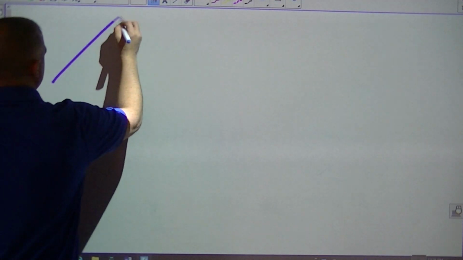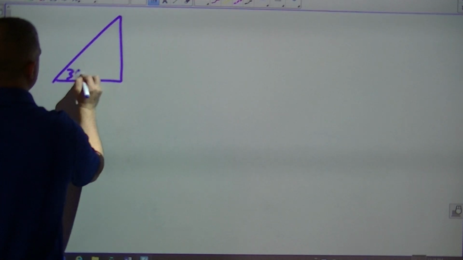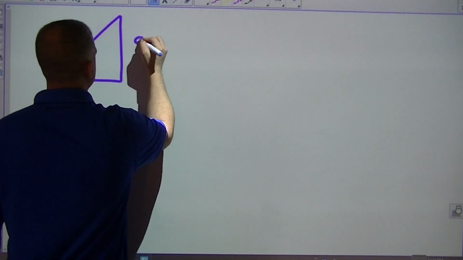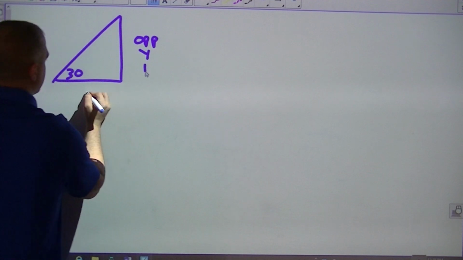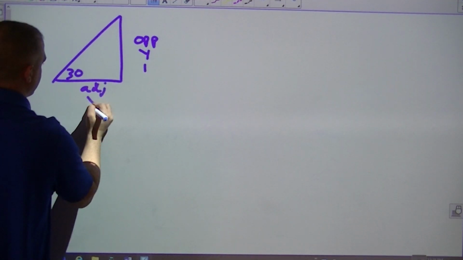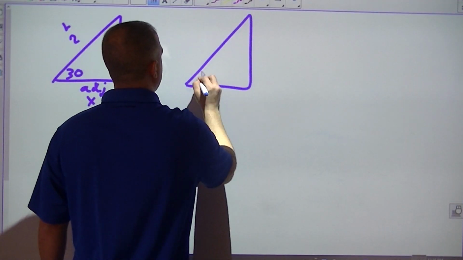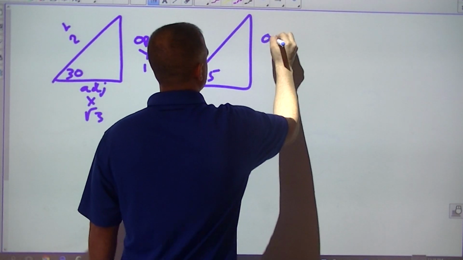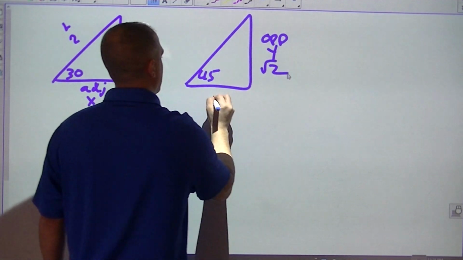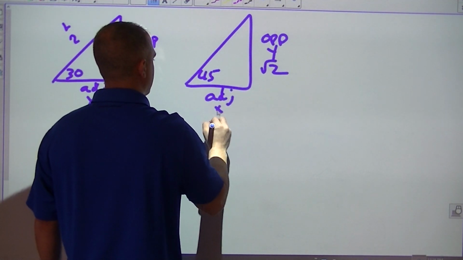The idea here, okay, we had a 30-degree triangle that was this. We had a 45-degree triangle, which was this.